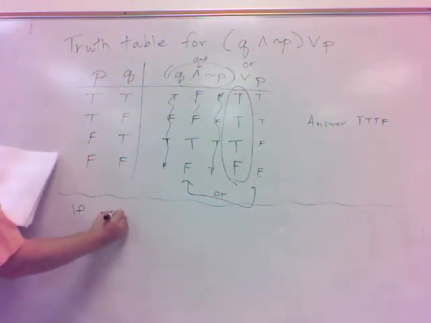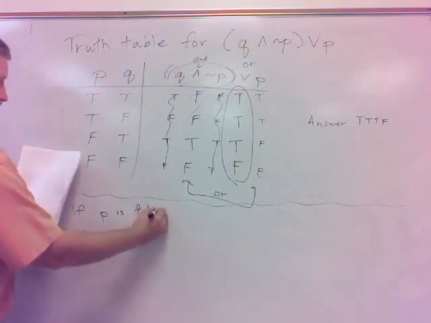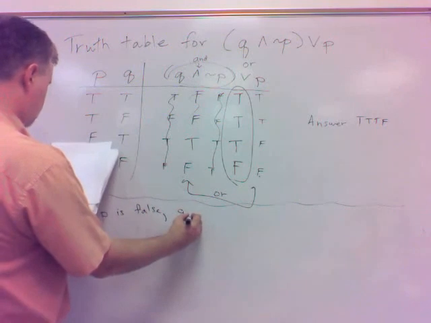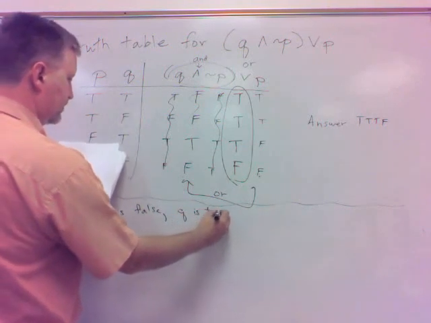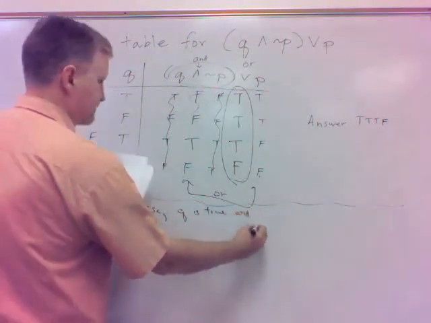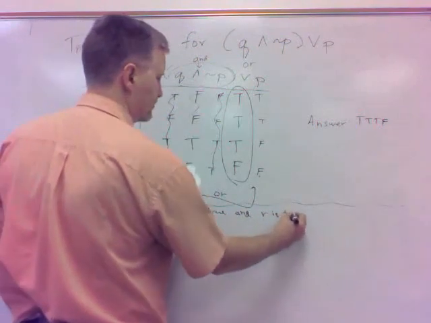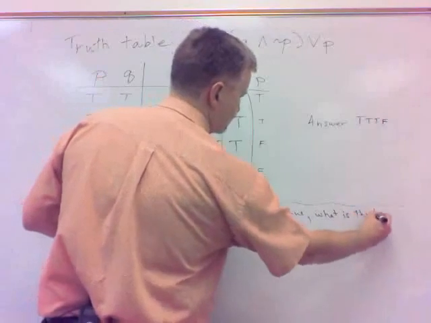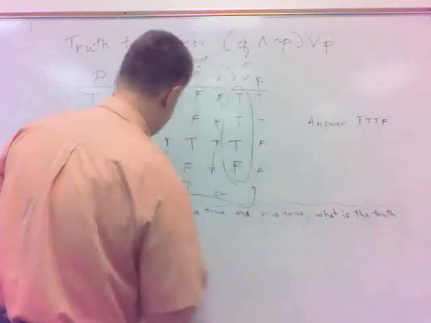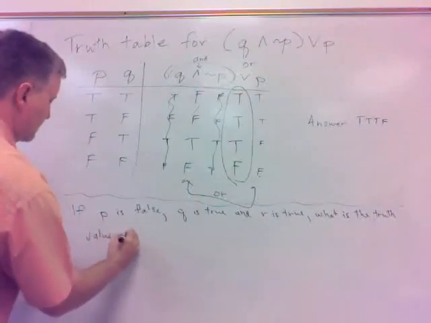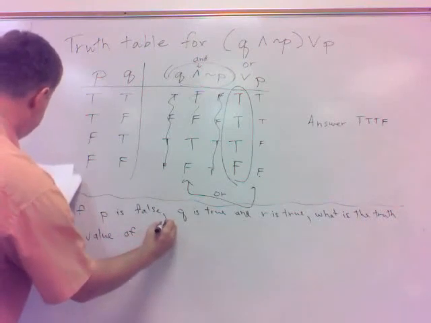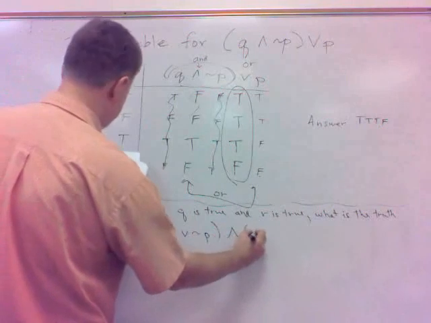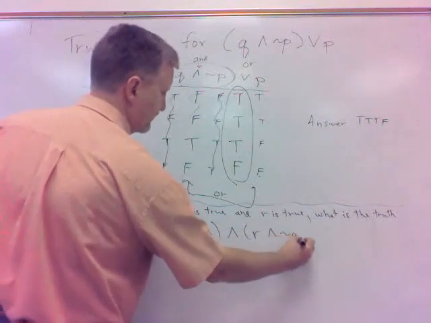Let's say if P is false, Q is true, and R is true, what is the truth value of the statement Q or not P and parentheses R and not Q. Okay.